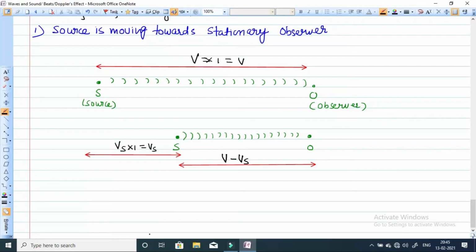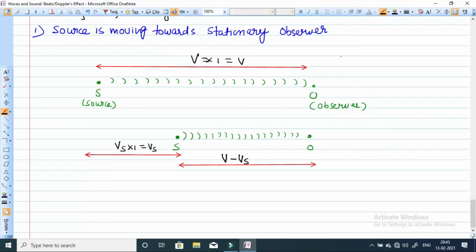So if the source were stationary initially and f number of waves are sent out in 1 second, then the observer O would occupy a distance V and the wavelength would be V by F. Let me take the relationship between wavelength and frequency.